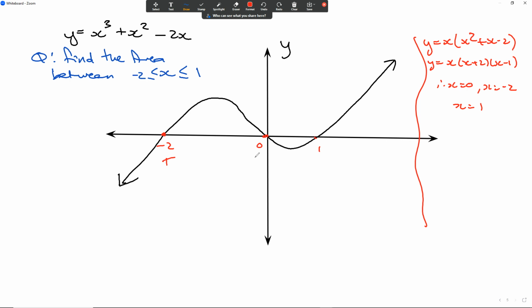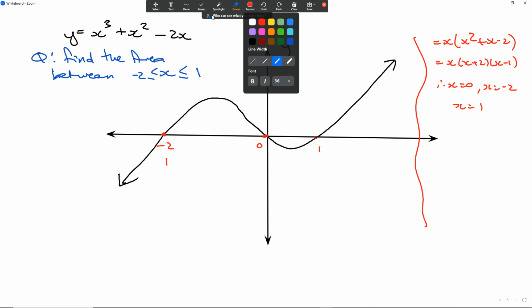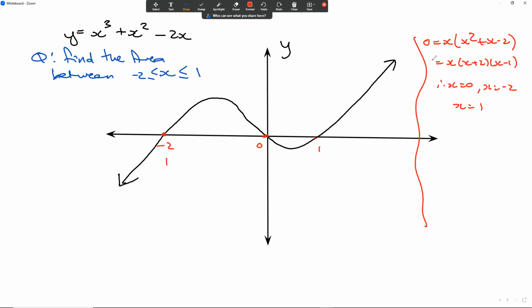Just like we expected, those are my x-intercepts. I'm making y equal to 0, and then we end up solving for x. And so those are all my roots, all my x values for the function over there.